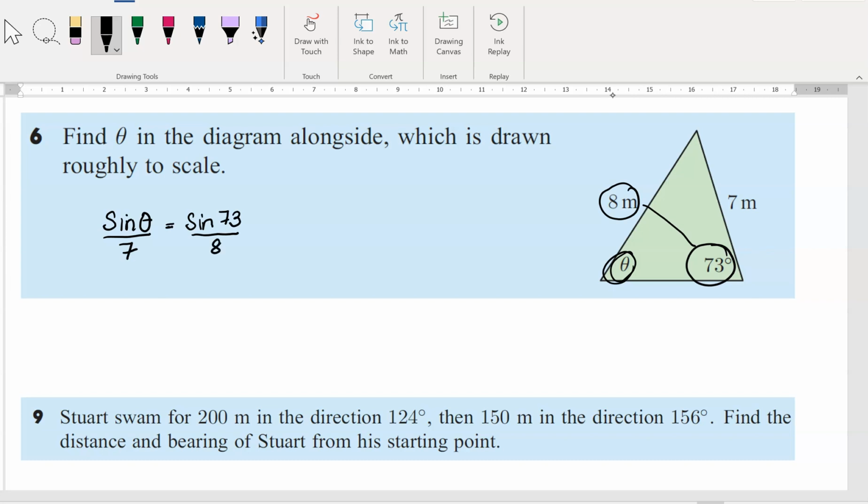Similar to what we did before, we're going to get sine theta by itself. So to get rid of the divide by 7, we will multiply. That gives us sine theta. Now I don't want sine theta, I just want theta. So on my calculator, I will once again go sine to the minus 1 of all of this.